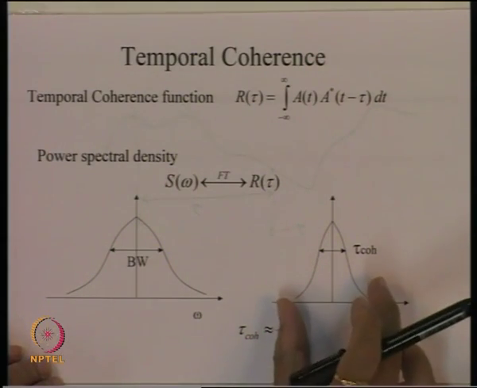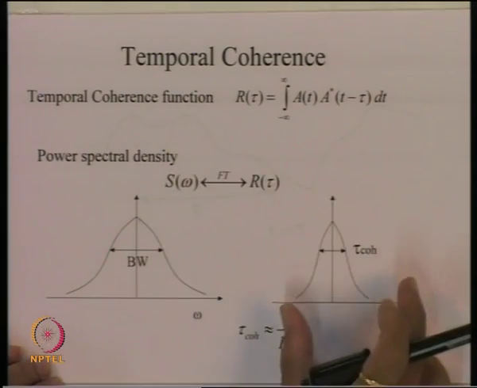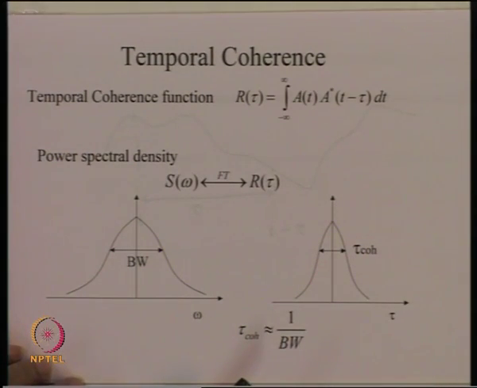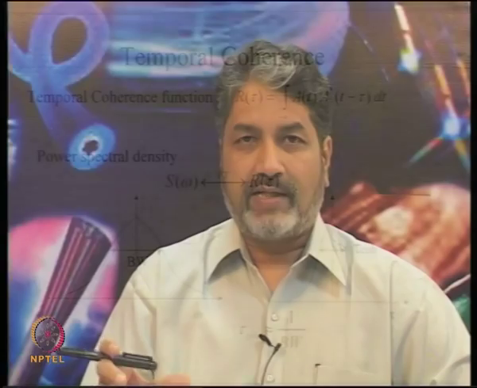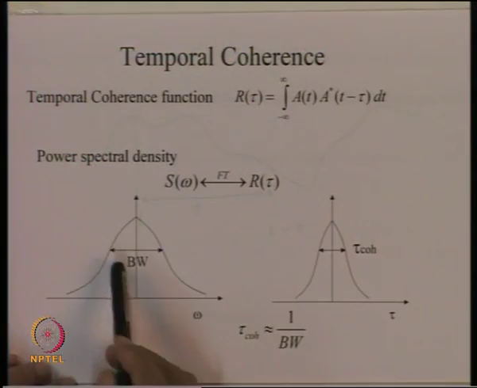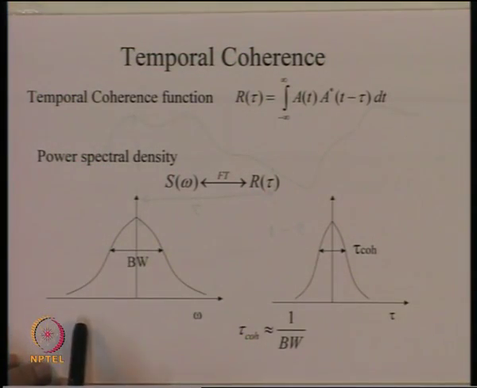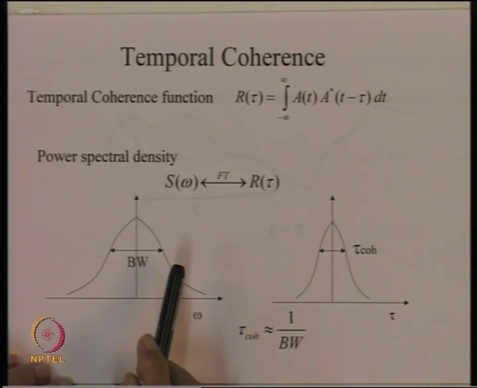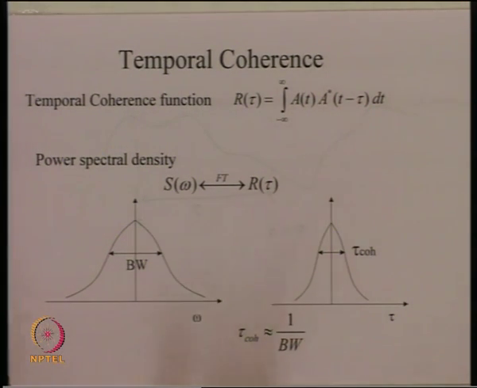So, in the time domain, if I capture the characteristic of this radiation, then it can be captured in the form of this tau coherence, which is the effective period or effective time over which the radiation will be correlated or will be coherent. If I go to the spectral domain, then this is the frequency range over which the power is more or less confined.